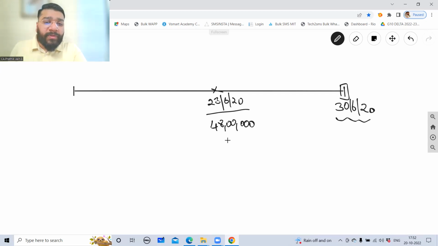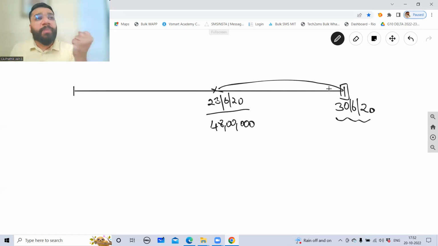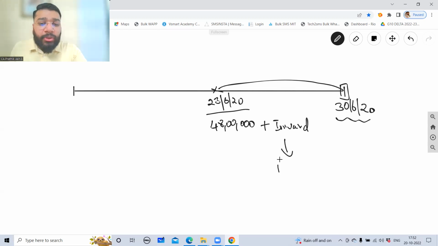So with this 48 lakh, guys, you need to add certain things. Between this period and this period, all the goods that have come inside the premises, basically the inward of the stock, which could be because of purchase or because of sales return, needs to be added.